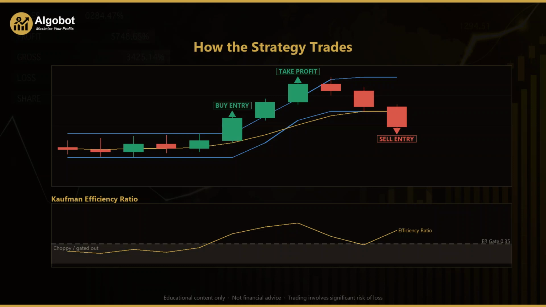Now the market changes character. After that push, price stalls near the highs and begins to roll over. The next candles turn down, the efficiency ratio dips back under its gate as the top chops around, and the strategy waits patiently rather than guessing at a reversal. Watch the breakdown candle. Price drops and closes below the lower band, breaking the recent support.